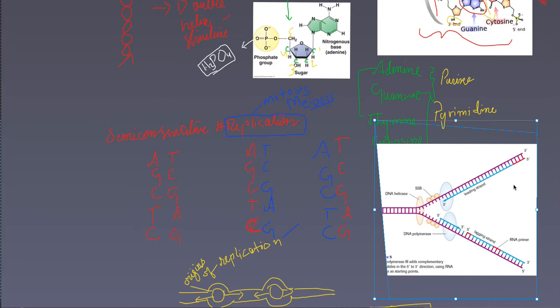This model is called the fork model, and this part right here is just half of this bubble I'm showing you right here. So this half of the bubble is representing this structure.